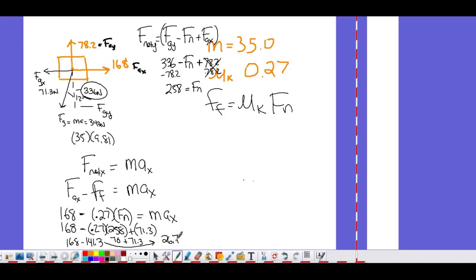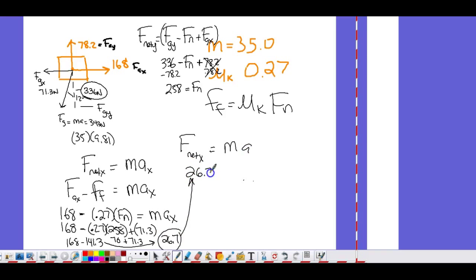That's the actual force on the x, because this is your force applied x, and then we subtract these two forces, which are the force of friction and the force due to gravity. So we end up with a force net x of 26.7. Then we plug that in. Let's just rewrite it. We figured this out for that.